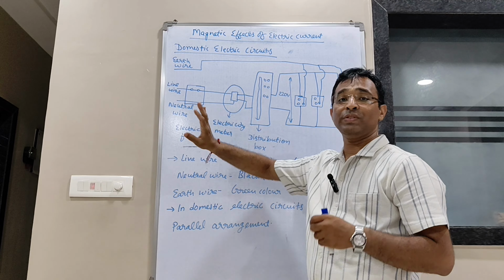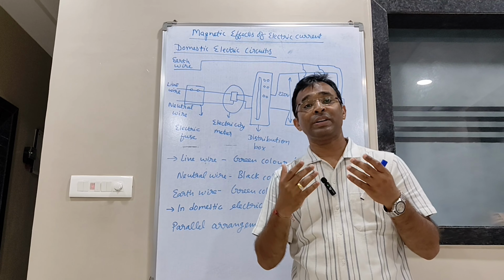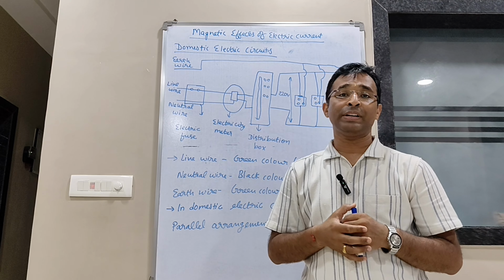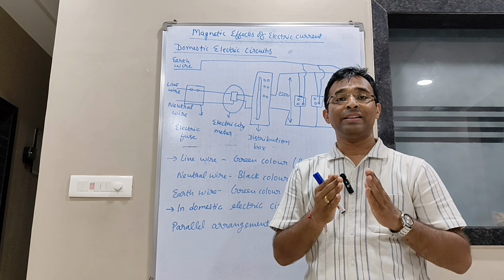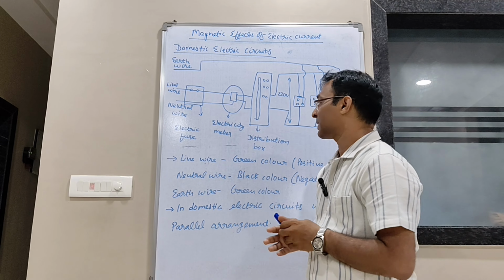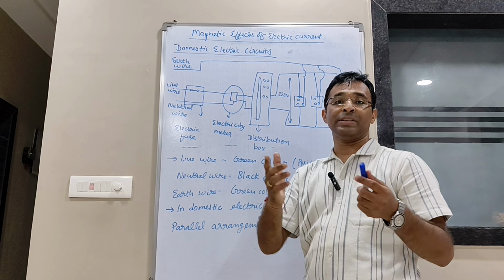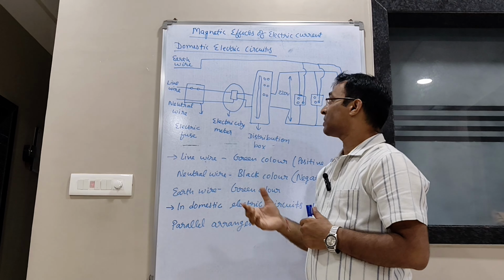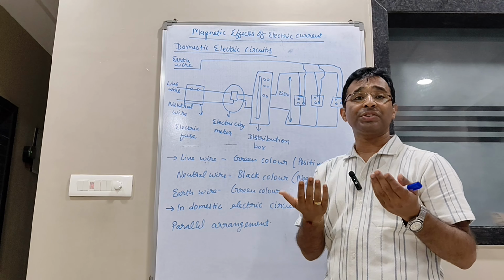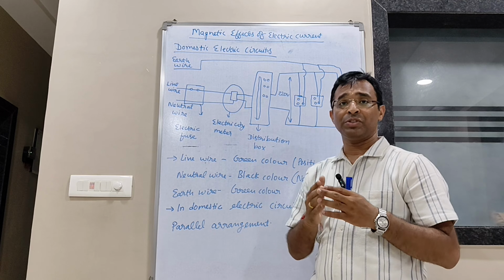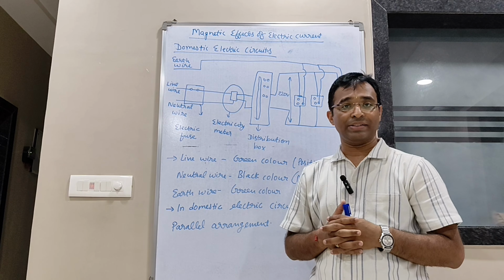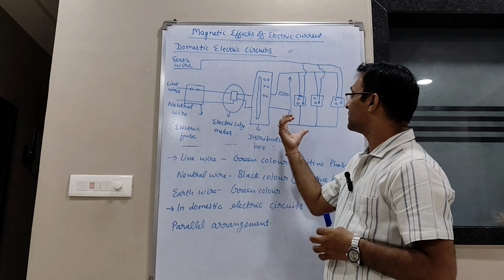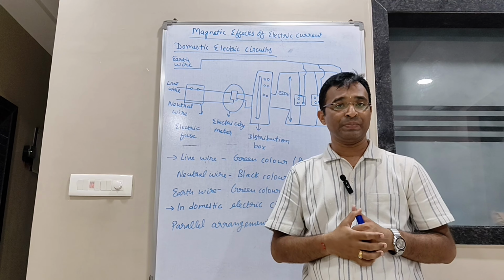This is the electric fuse, one or three types of fuse which are connected at the entry of our house. Next is the electricity meter, which we can see in everybody's house. There is a distribution box which distributes the electricity to the appliances, and these are the appliances, each having 220 volts.